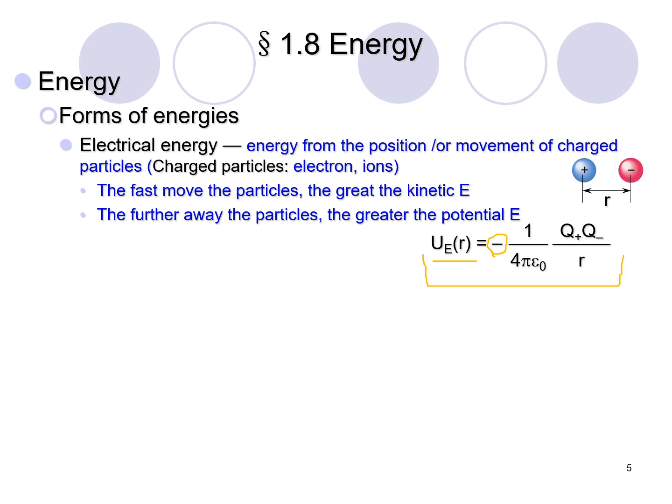So from this discussion, we realize the further apart the particles are, the larger R is. The larger R is, the greater the denominator, like the 1/3 versus 1/2. Remember, negative 1/2, negative 1/3. And the greater the potential energy.